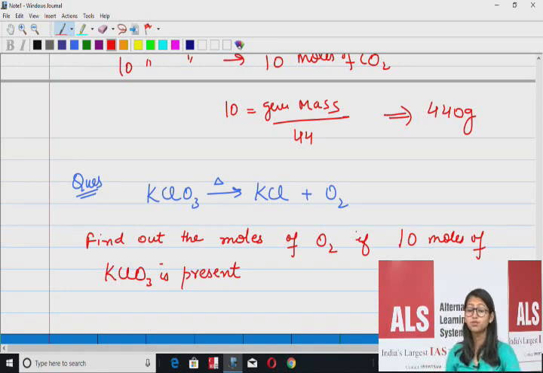First of all, you have to balance the equation. You got the answer? Yes, very good, Satna Center. The answer is correct. Kohima Center, try for it.